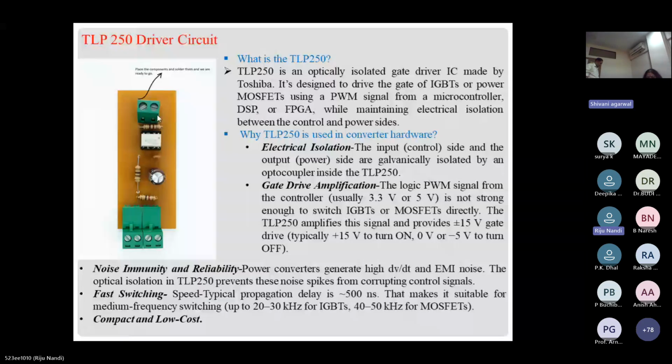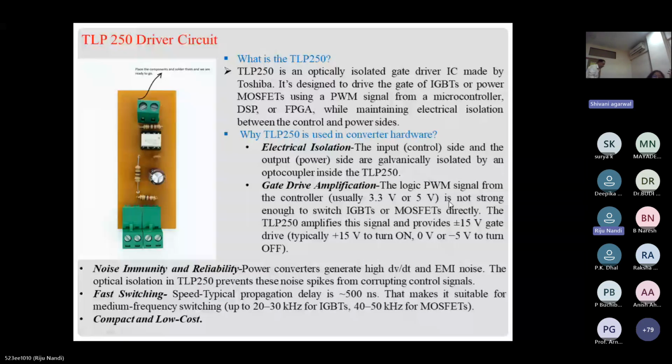If you are using a microcontroller like the C2000, you have to give 3.3 volt. If you use an Arduino Uno or Arduino Mega, it will give near about 5 volt. So it is not strong enough to switch the IGBT.